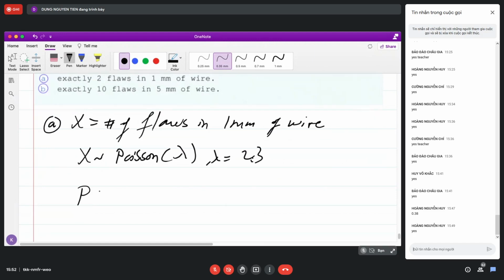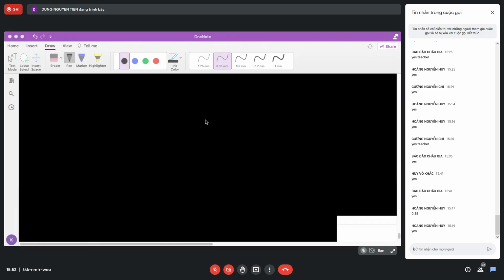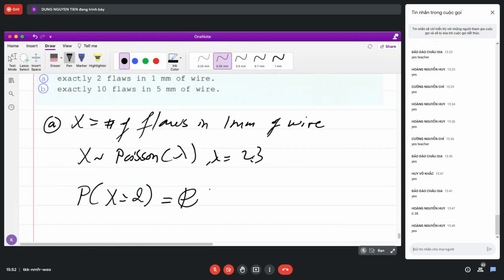Then you want to find the probability that X is exactly 2. And then you get the exponential minus 2.3, 2.3 squared over 2 factorial. Understand? Is that clear? Do you get it?